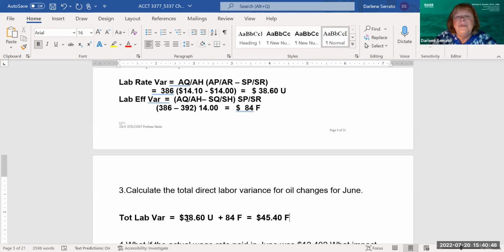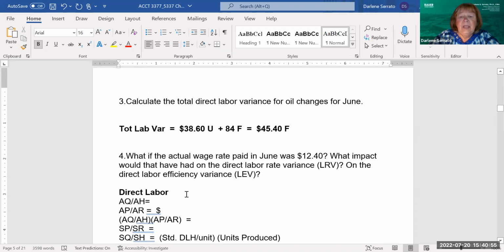And you should get the same thing if you take actual cost minus standard cost allowed.